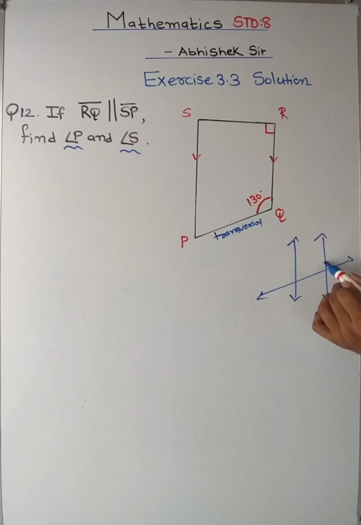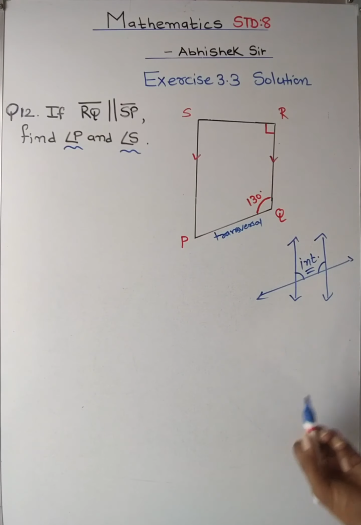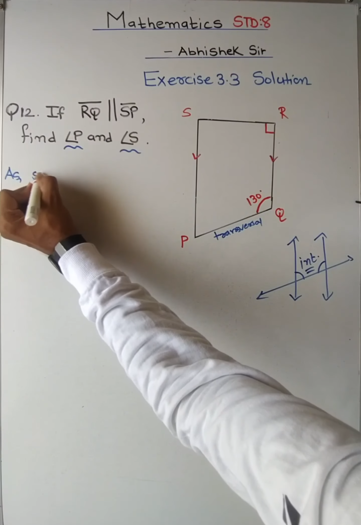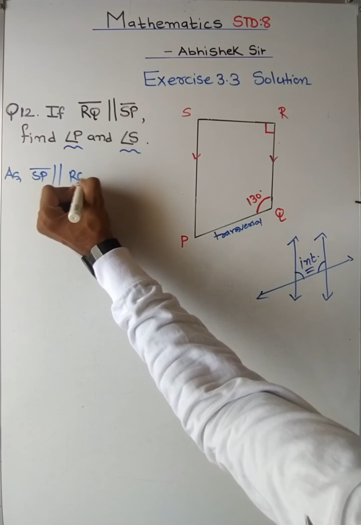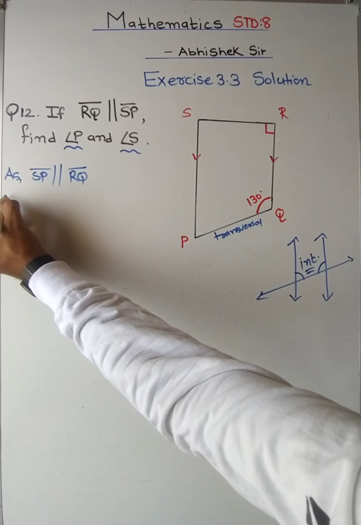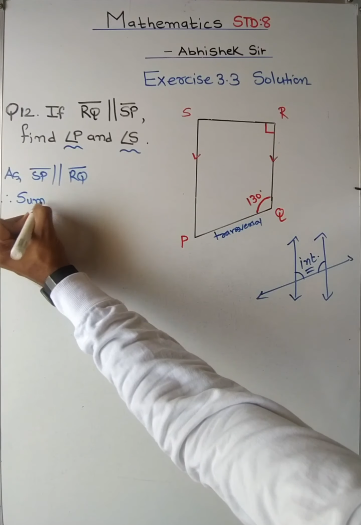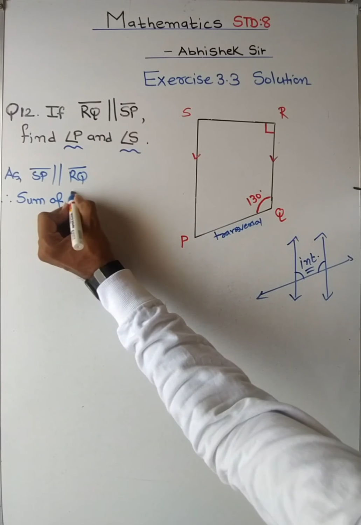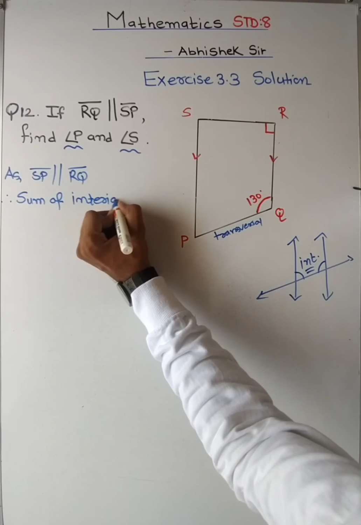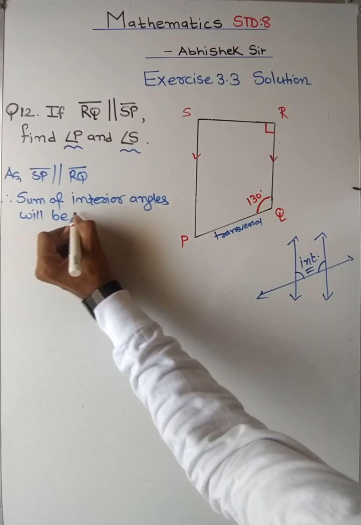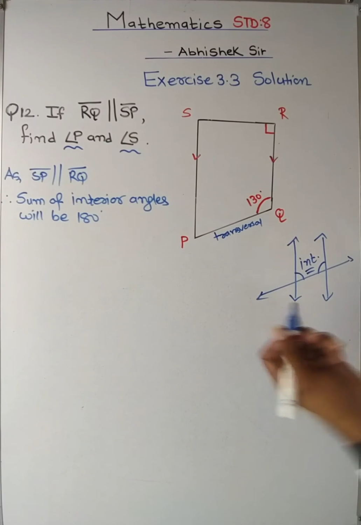Okay, now when the transversal is there, these two angles become interior angles. Clear? And we know that interior angles are supplementary. So you will write: SP is parallel to RQ, the sum of interior angles will be 180 as they are supplementary.